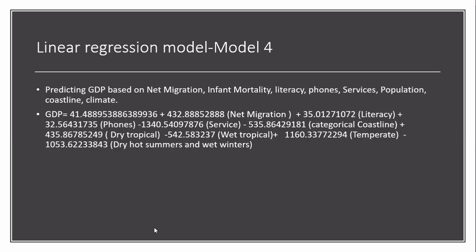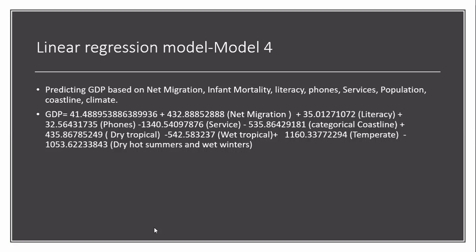And we also had climate. We had four climatic categories. So we converted every category to an indicator variable. And then after realizing that a few of the variables were not actually making any sense, like arable and crops and other named variables, we decided to not consider those variables in making the model for predicting GDP.